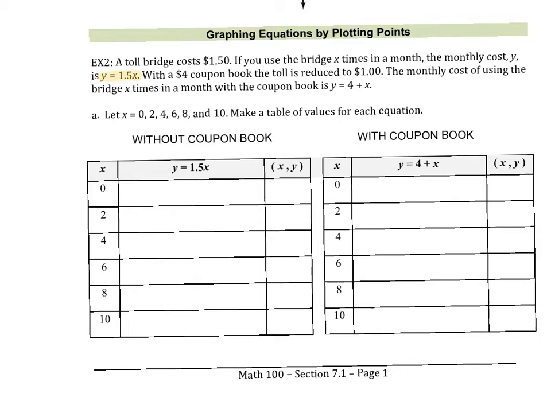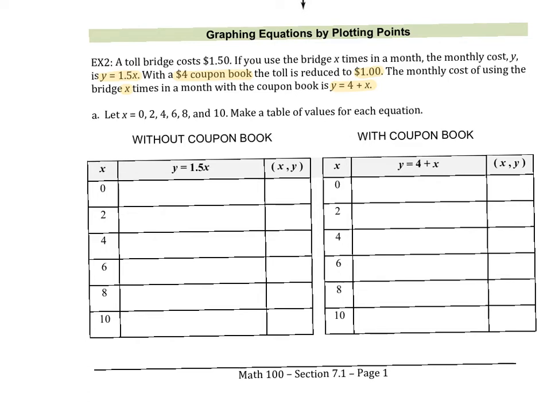Now, if you buy a $4 coupon book, the toll is reduced to $1 each time you use it, but you've got to buy the book. So the monthly cost, if we were to make an equation, and you're still letting your X be the amount of times in a month that you use the bridge, is going to be Y equal to 4 plus X.